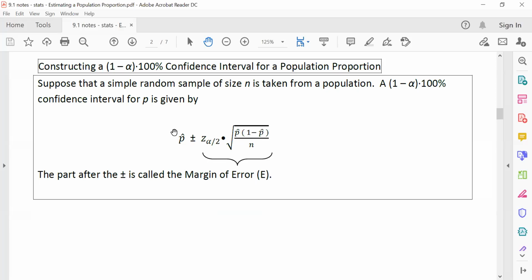This p hat is going to be the sample proportion. This looks an awful lot like our standard deviation calculation. In fact, that's exactly what it is. Now this z alpha over 2 is going to be a z-score that has alpha over 2 of the data to the left of it.